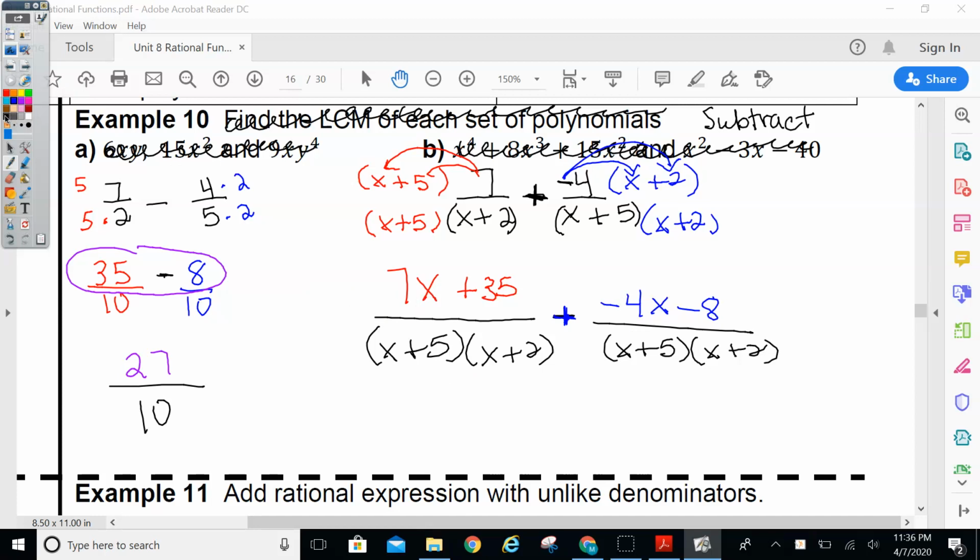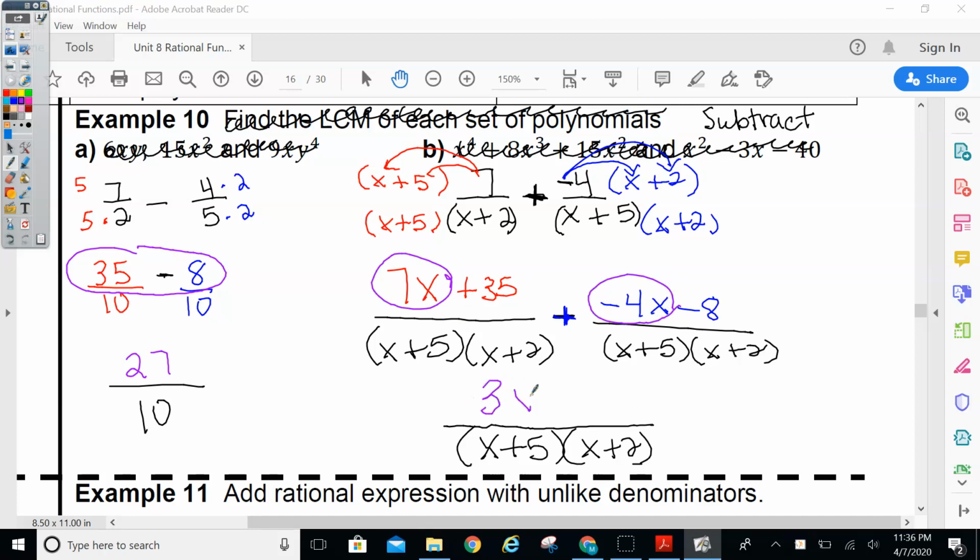Okay, so the common denominator between them is x plus 5, x plus 2, over, combine your like terms, 7x minus 4x is 3x, 35 minus 8 is 27.